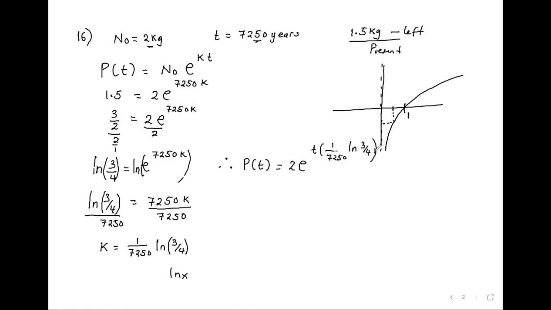I'm sure that the ln has come with a negative, so together I have my power as negative. So I can write it a bit just to decorate it. I'll say 2e to the power t multiplied by 1 over 7,250, that is t over 7,250 multiplied by ln 3 over 4.